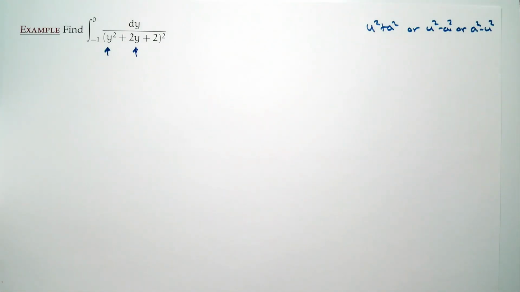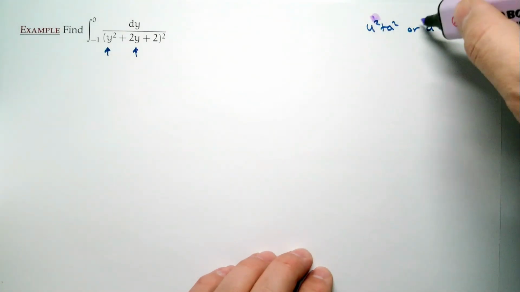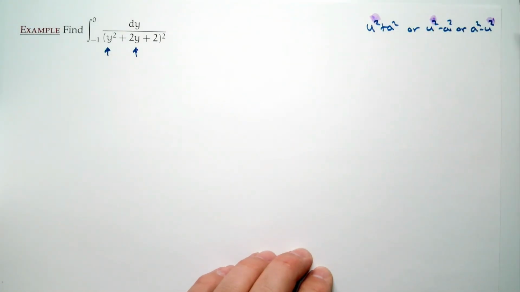All right, so what's our thought process? Well, notice, what do we like? We like squares. So, what should we be thinking of doing? We should be thinking of, let's make things look like squares.